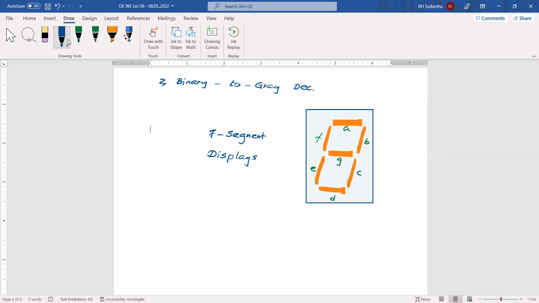Then we have 7 inputs here. When we give a certain voltage here, the relevant segment can be turned on.